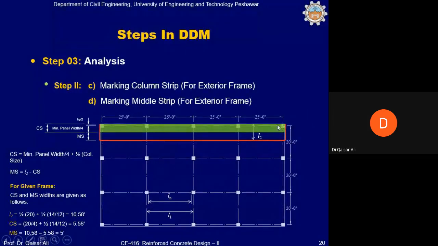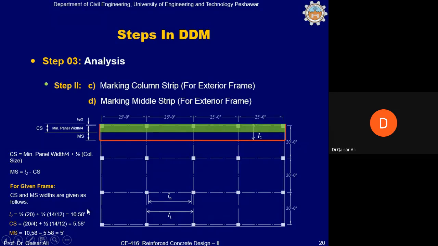So on one side of the column center line, half the width of the panel is 10 feet, 20 divided by 2 is 10, plus the portion of the slab extending outside the column center line to the edge of the column, which is only half column.